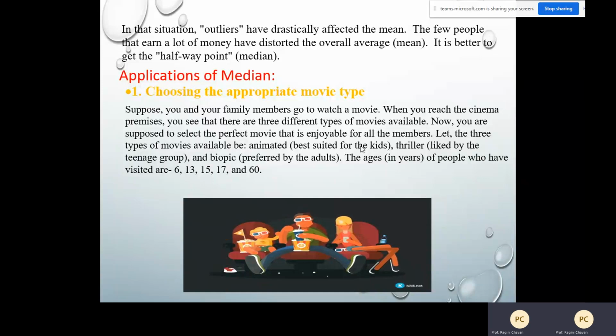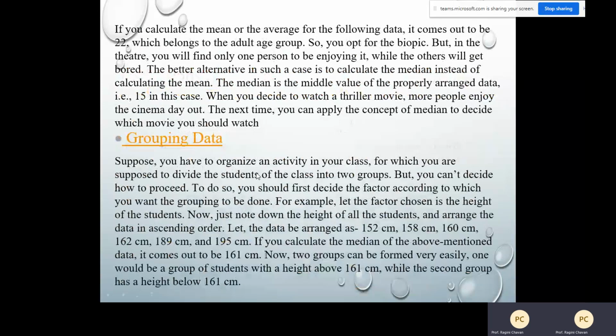The ages of people who have visited are 6, 13, 15, 17 and 16. If you calculate the mean or the average for this data, it comes out to be 22, which belongs to the adult age group. So you have the option of a biopic movie. But in the theater, you will find only one person enjoying it, while the others will get bored.